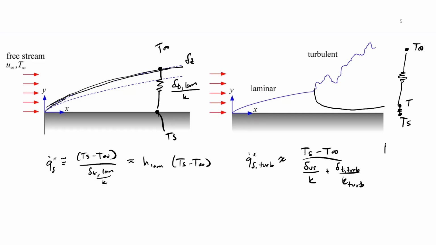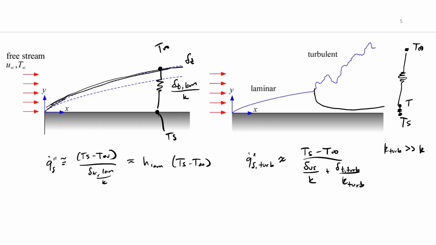That K turbulent is much greater than K. So although delta Vs is smaller than delta T turbulent, K turbulent is so much bigger than K that in our approximate model we can essentially ignore this second resistance entirely.